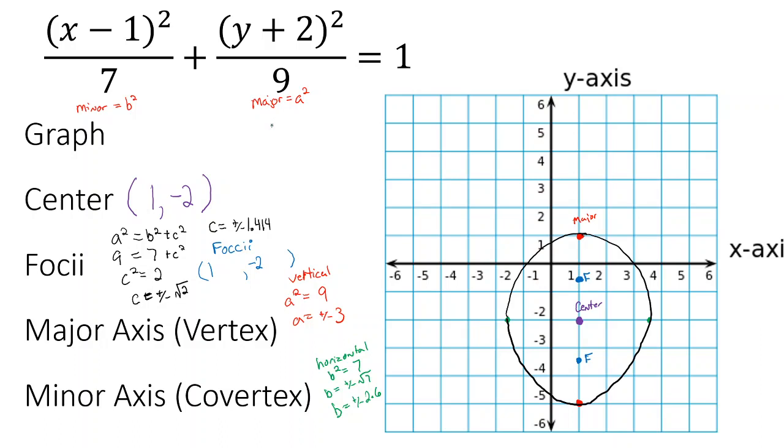You'll see right here, under y. So that means our foci change comes on the y part. So I'm going to say it's -2 plus or minus, and right here, the c change is going to be the square root of 2. If I wanted to simplify that answer, just make it look a little bit neater, it's going to be 1, comma, -2 plus or minus the square root of 2 are the coordinates of those foci.